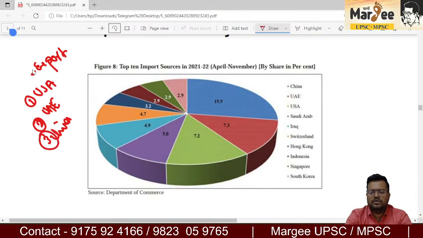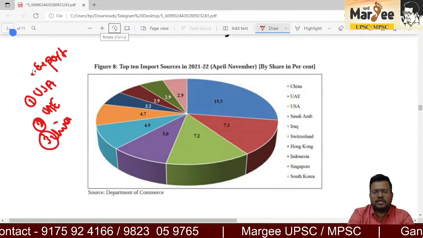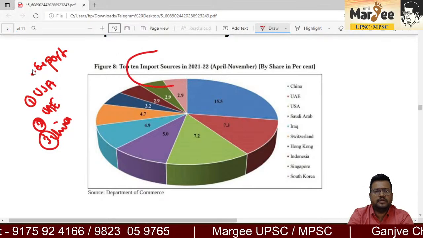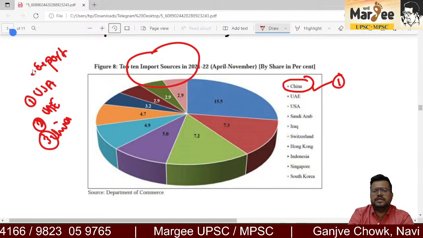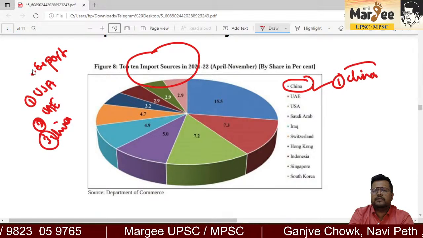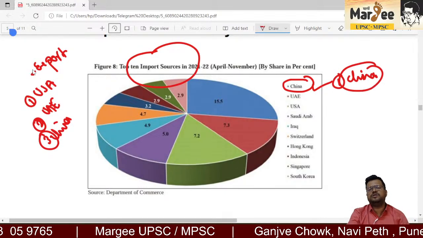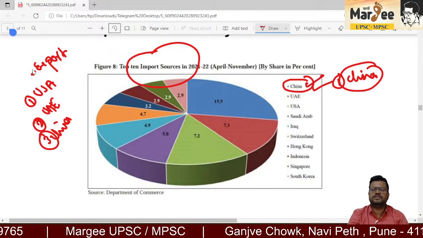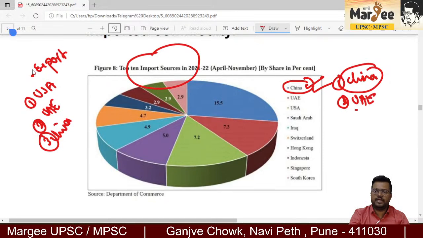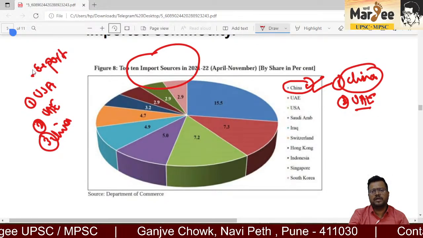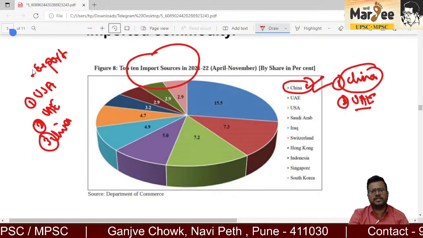Now we will see what are the top 10 import sources for India. First is obviously China. We are having a huge trade deficit, about $60 billion, with China. Second is UAE. See the importance of UAE in the context of the Indian economy. It is the third exporting destination for India.